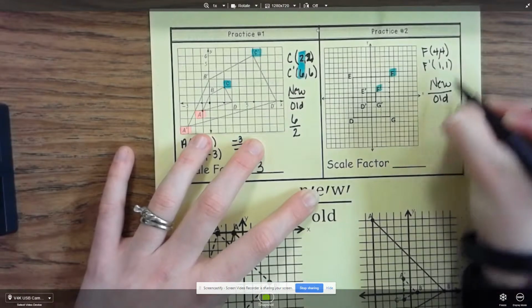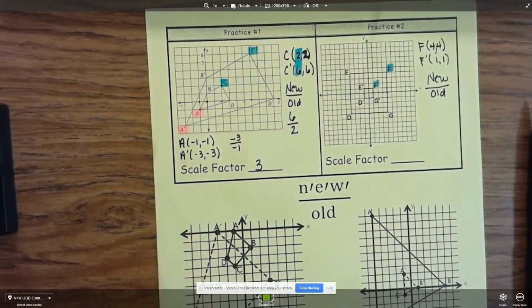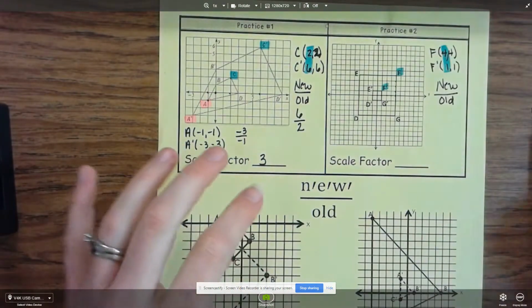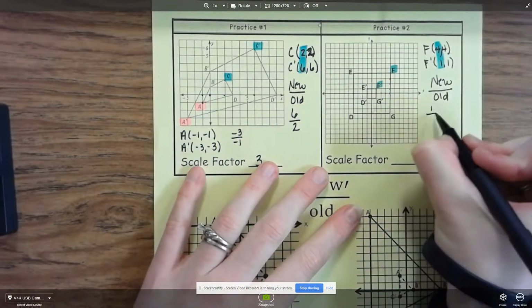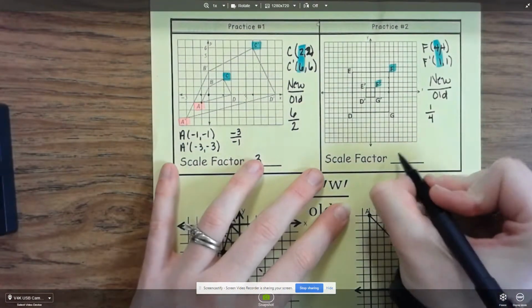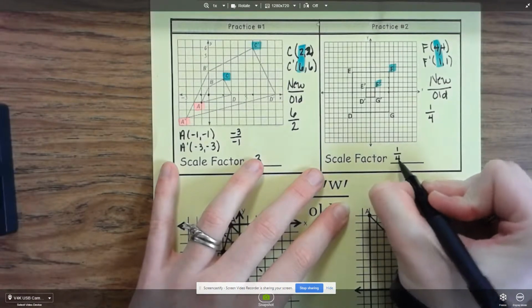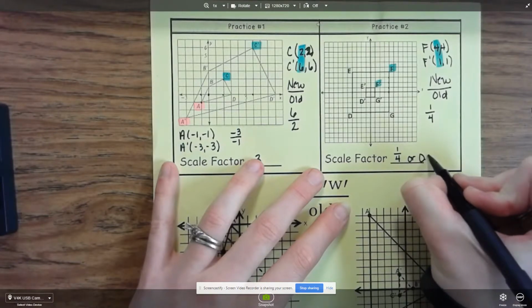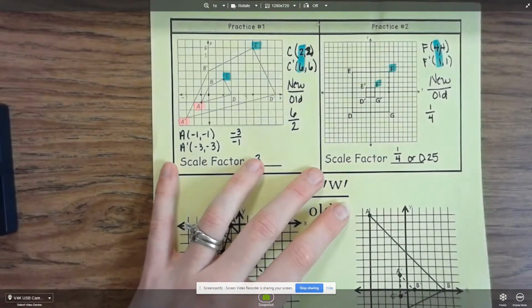So my new X value, so again, I just look at the X's, would be 1 divided by 4. Well, that's already in simplest form as a fraction. So your scale factor is 1/4, or if you turn it into a decimal, it would be 0.25.